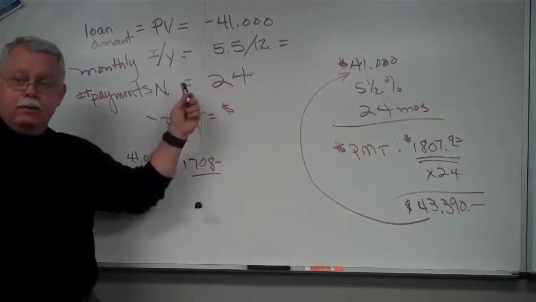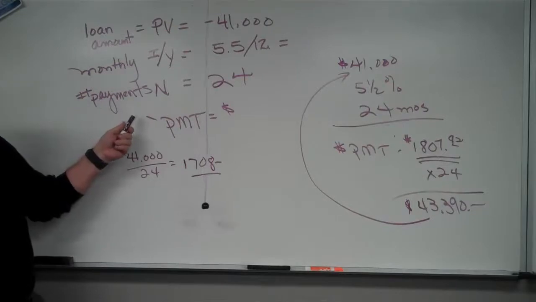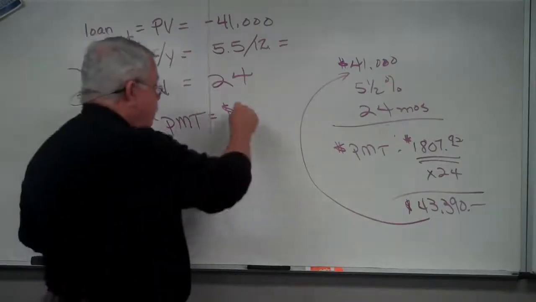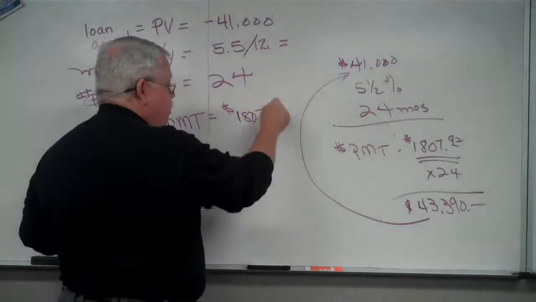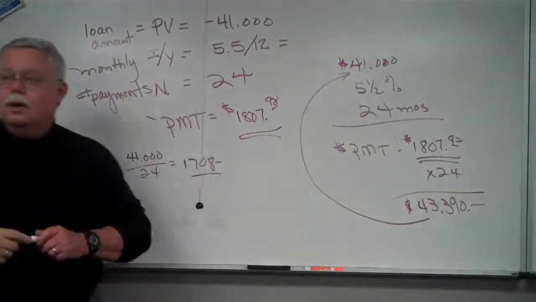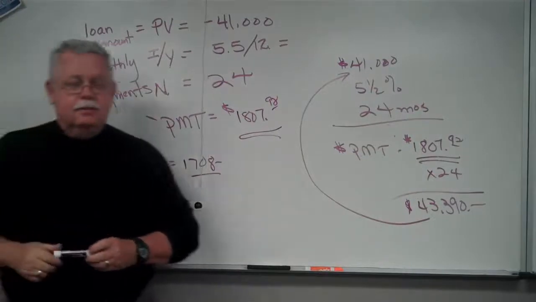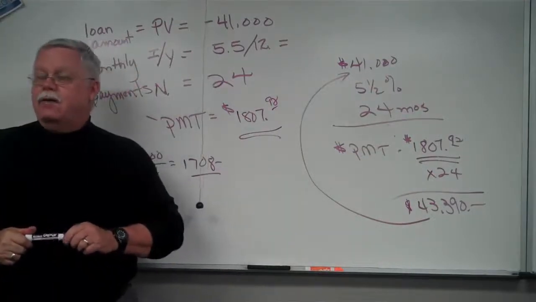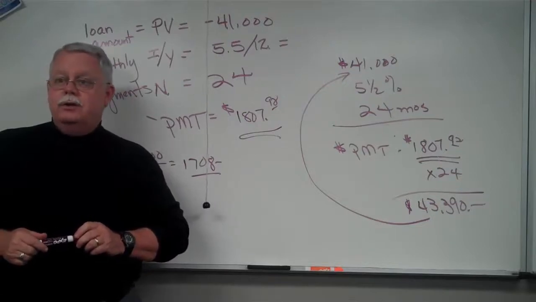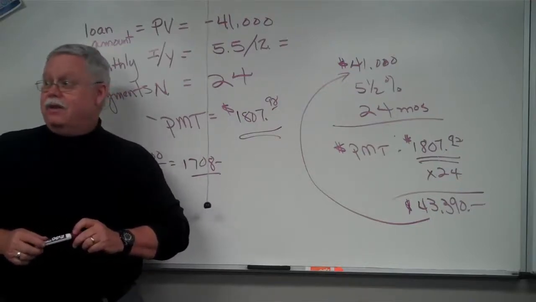That's N. And then I hit compute payment, and that's where I get the 1807. Aha! Or if you're from Georgia, well, damn. Okay, same thing.